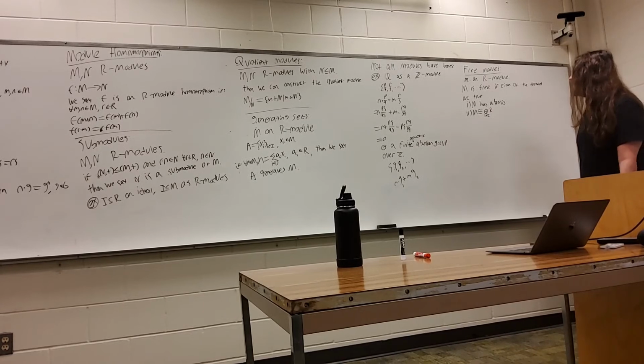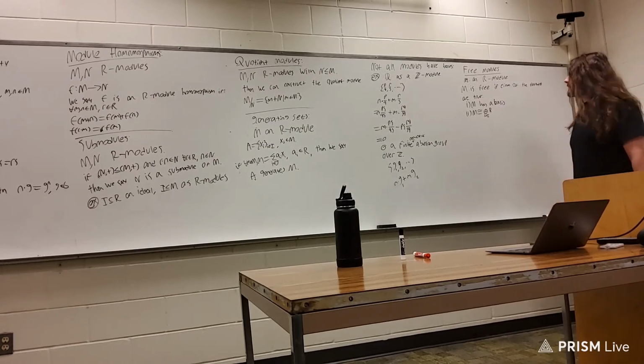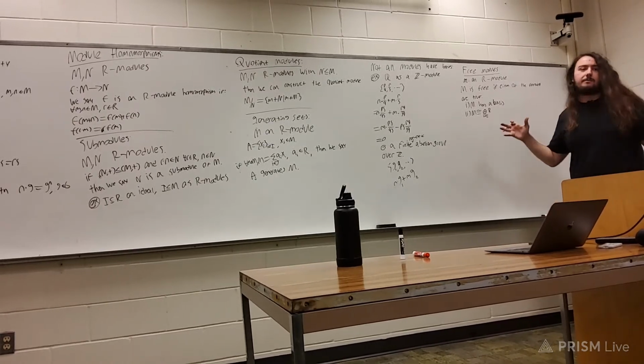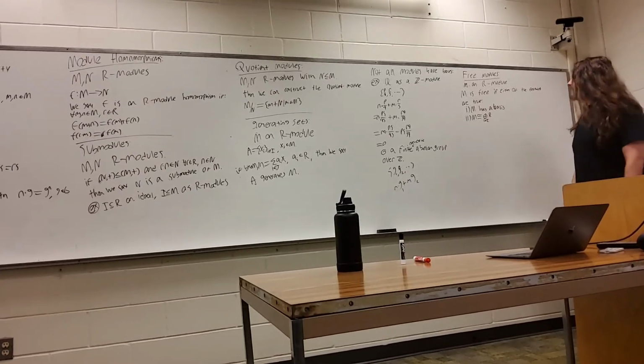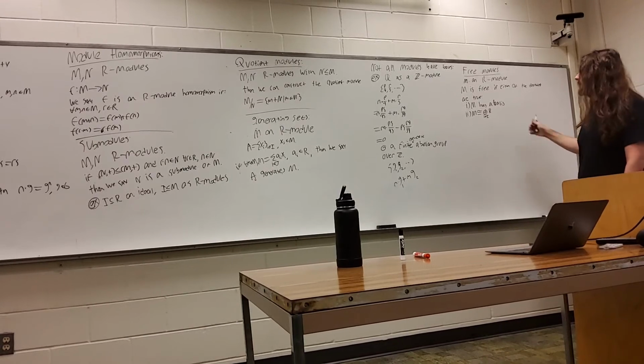So that tells you that if a module has a basis, then it's actually very restricted in what it can be. It can be exactly a bunch of copies of R direct summed together. And you can see why this would be true.